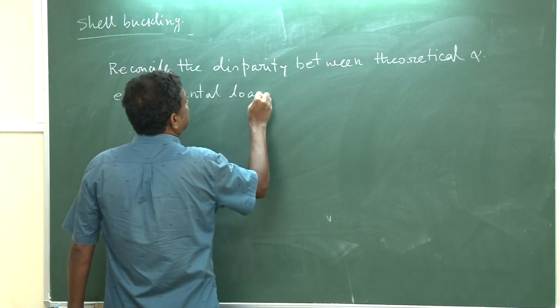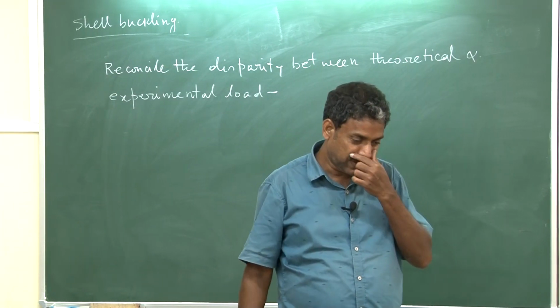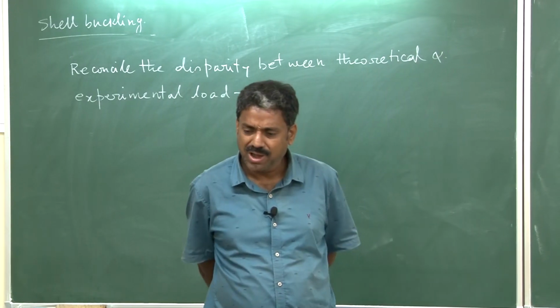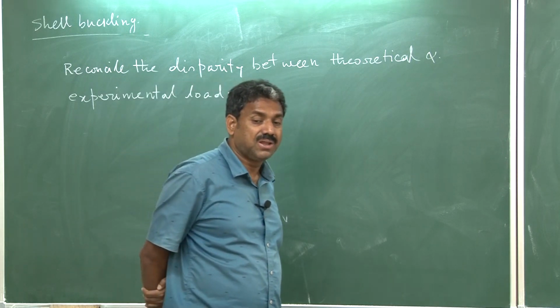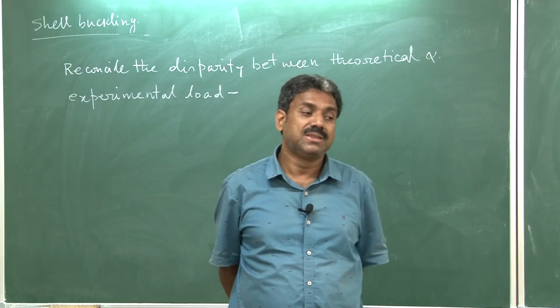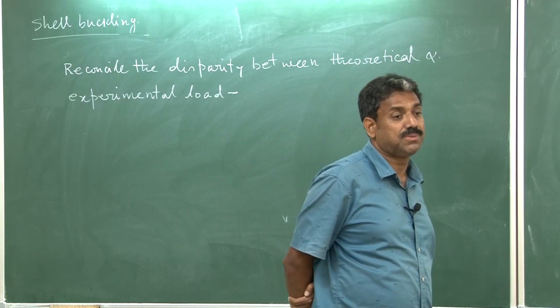Initially it posed an enigma to the researcher community: why is there so much difference between the theoretical load and the experimental load? Because the linear theory cannot predict the interaction among the modes.